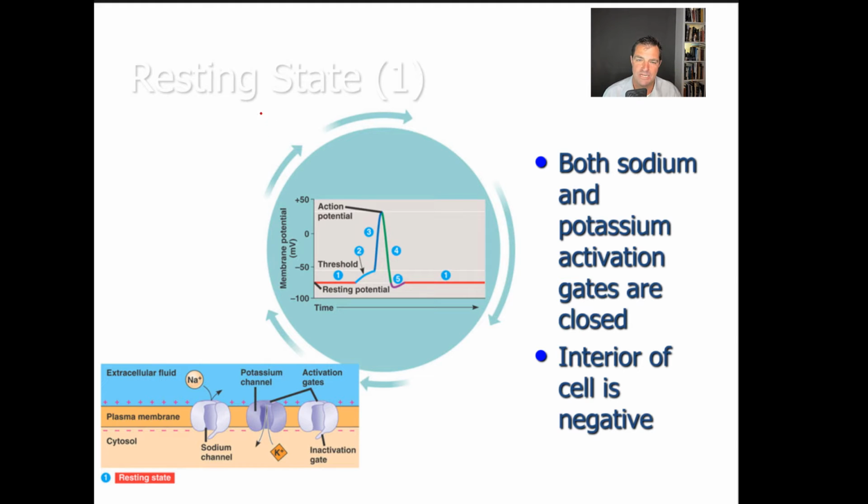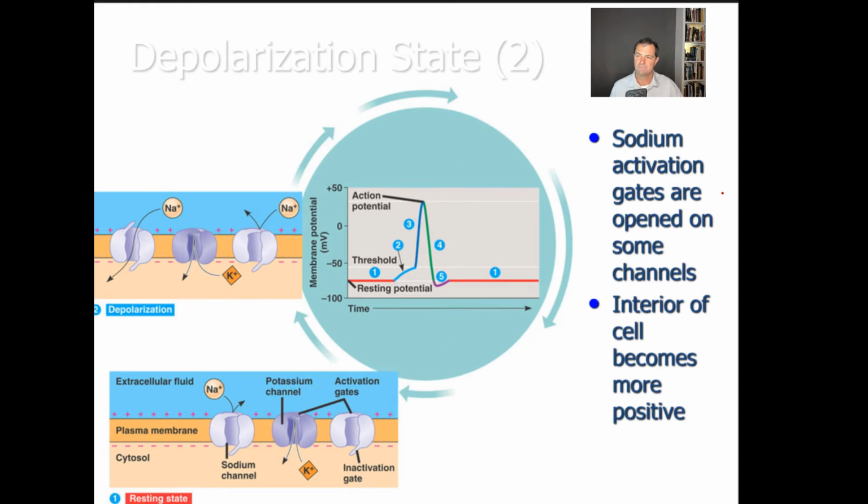So in the resting state, in the very beginning, what you see here, number 1, both sodium and potassium activation gates are closed. The interior of the cell is slightly negative, and it turns out that sodium rarely leaks out, but the potassium leaks out a little bit, which sort of helps the cause, okay?